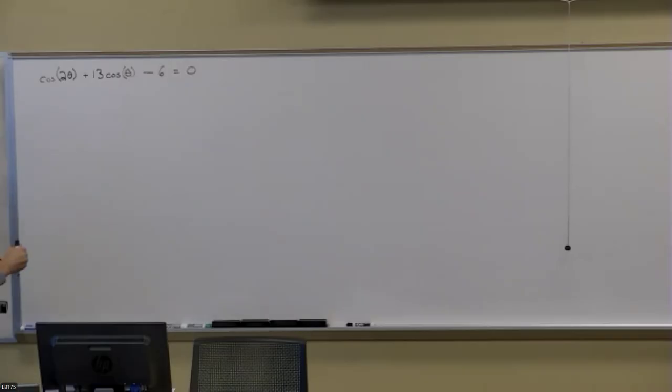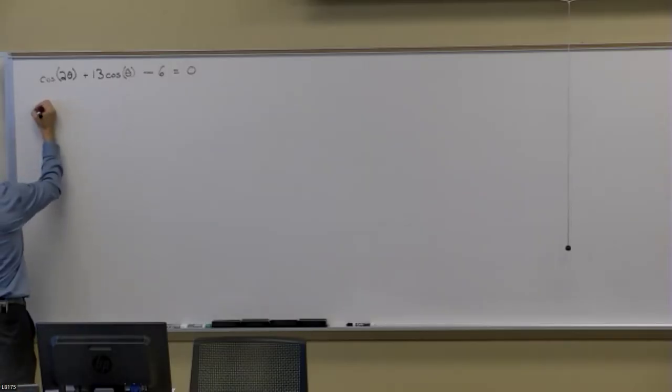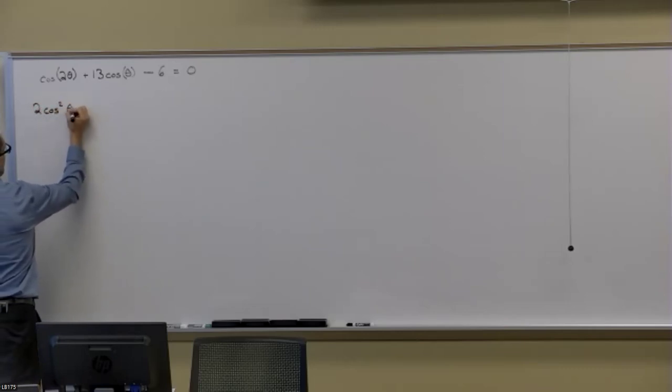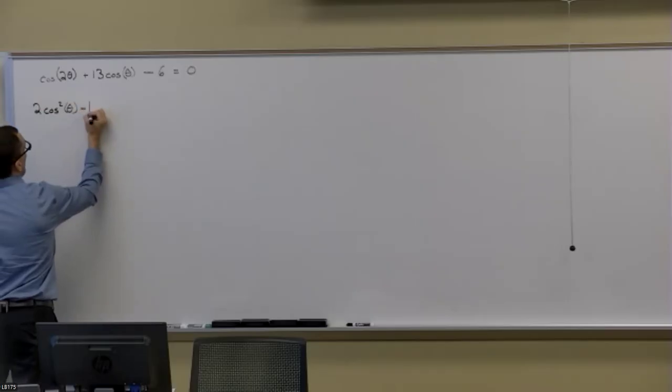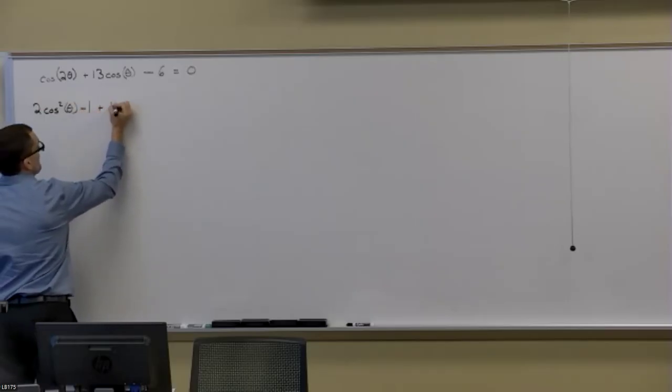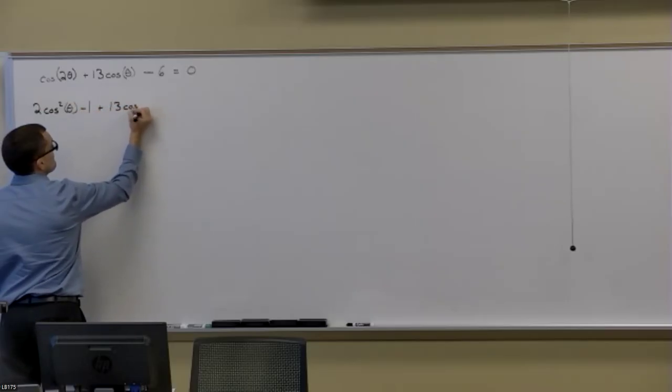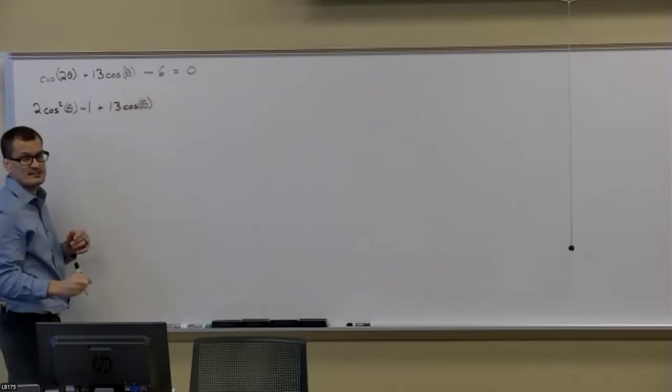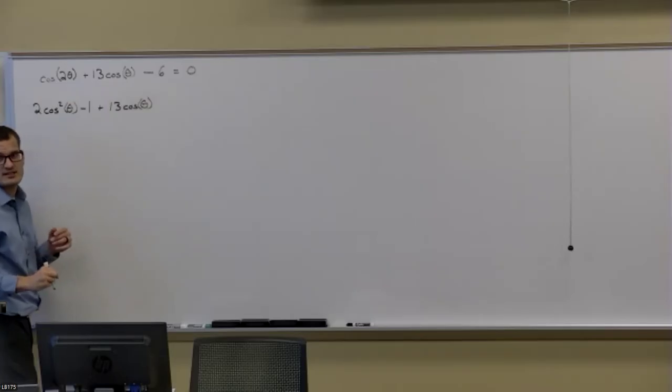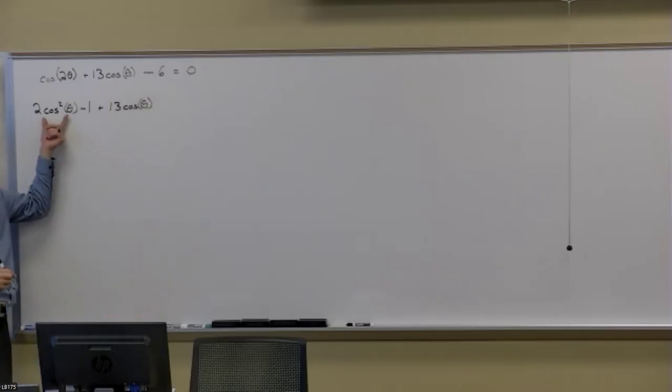The reason I'm going to utilize that double angle identity as opposed to one of the other double angle identities is that I already have a cosine of theta. So I'm going to use the one that involves cosine of theta. Does that make sense?